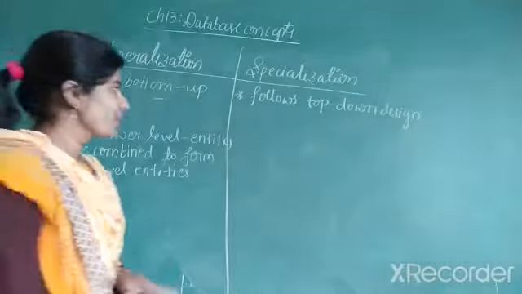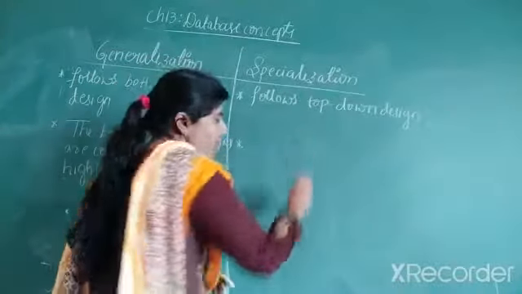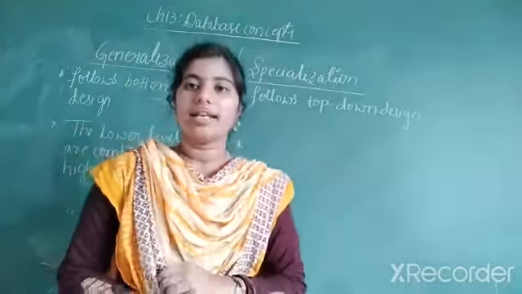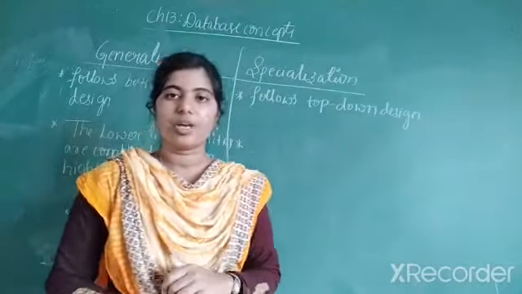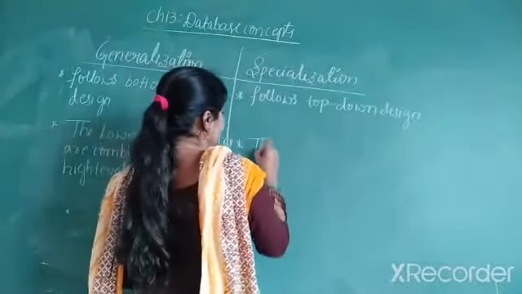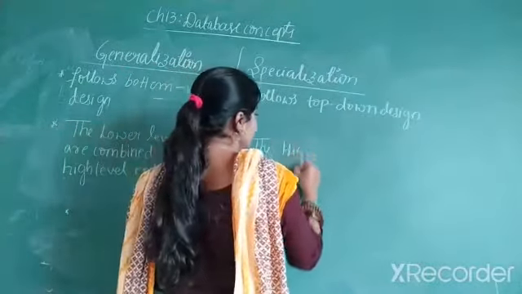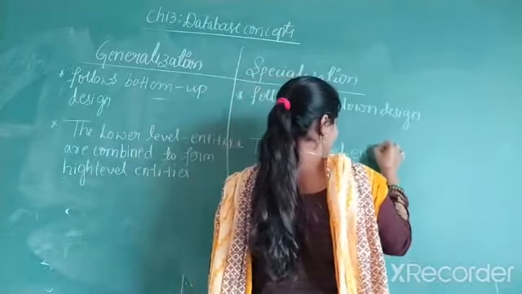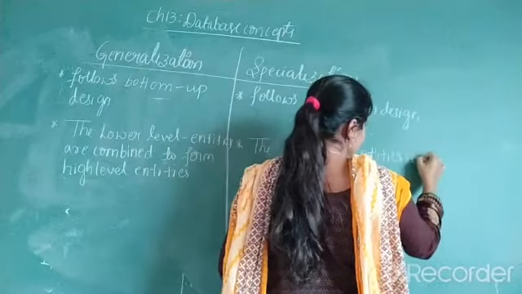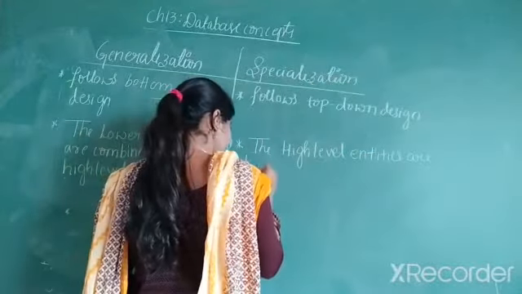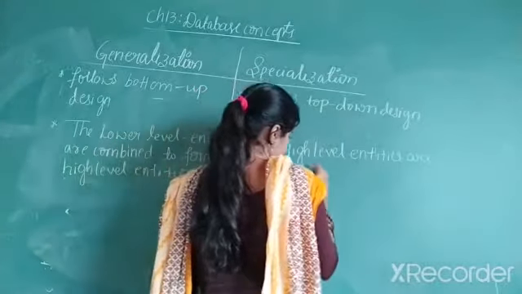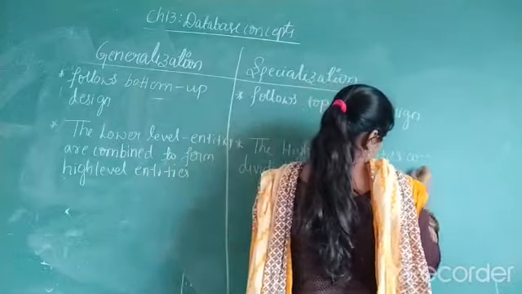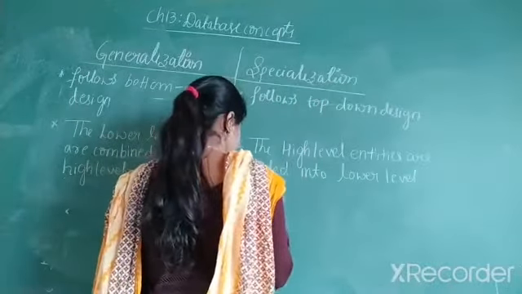In case of specialization, since it is a top-down approach, the higher level entities are divided, or classified, into lower level entities. So this is the second difference.